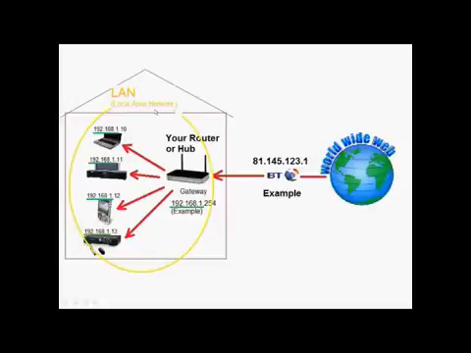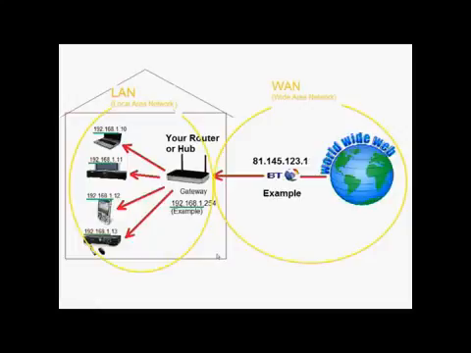It's your local network, and it depends on the way that your router works and how it distributes the IP numbers to the different devices. The outside world is known as WAN, or wide area network.